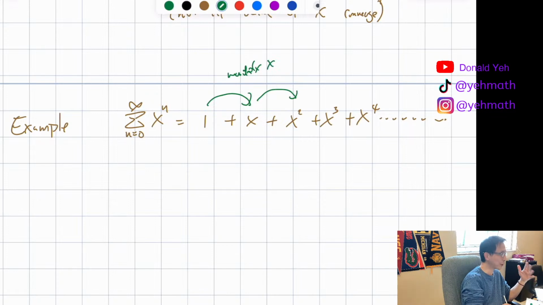Something that we learned that we use on the test. I'm only representing 1 plus x. Since it's geometric, that's your clue.